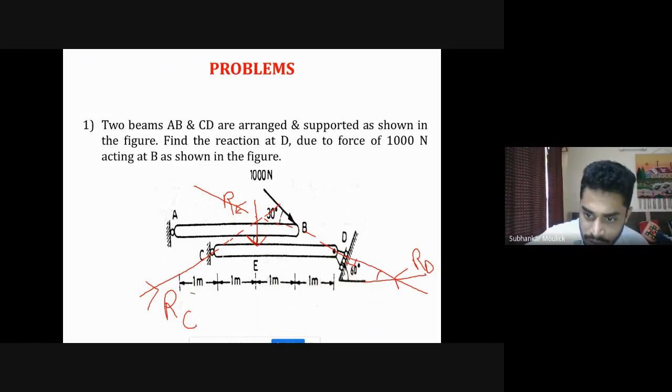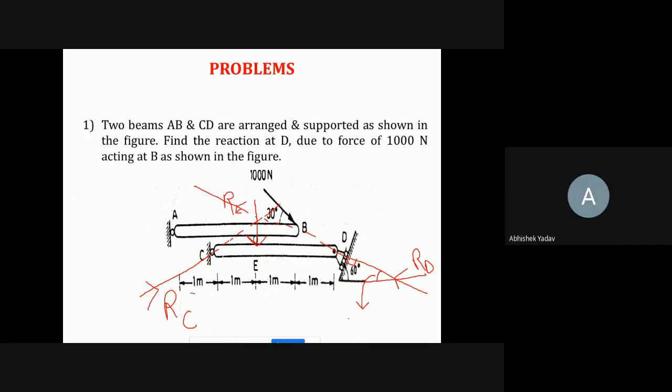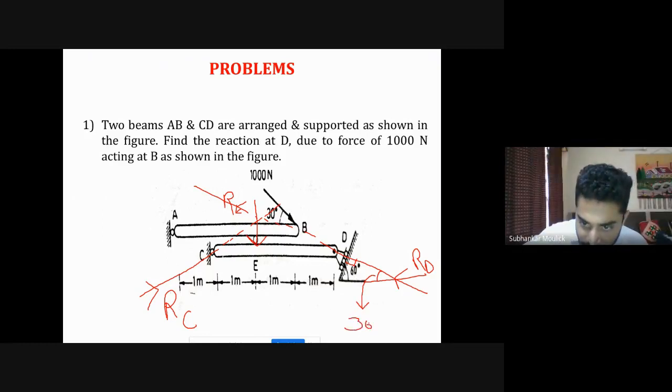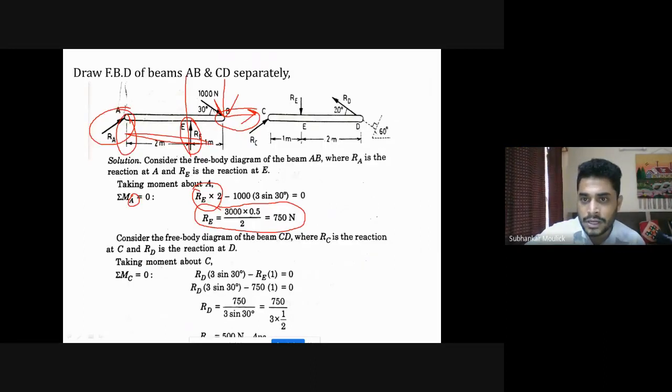So this angle will be how much? 30 degree. If this is 30 degree, then from point D, if this is my x-axis and this is my y-axis, this is your force RD. If you extend, then this angle is also 30 degree. See, this angle is also 30 degree. Is it clear?